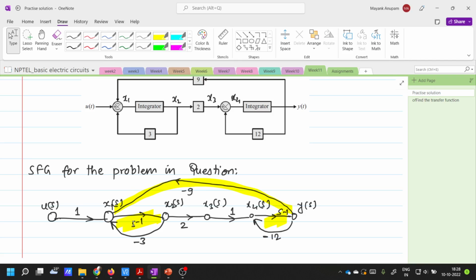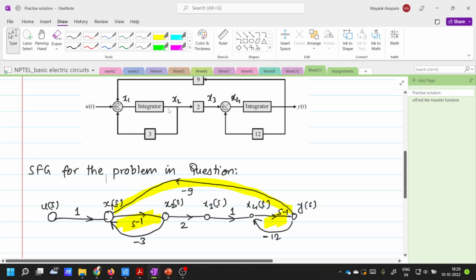The arrows in signal flow graphs are representative of a system in between these two signals. So you see, in between x1 and x2 you have an integrator here, right? So that integrator is written as s inverse, and it is shown using the arrow here.